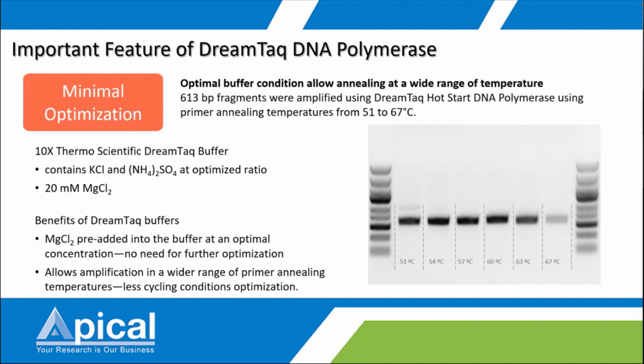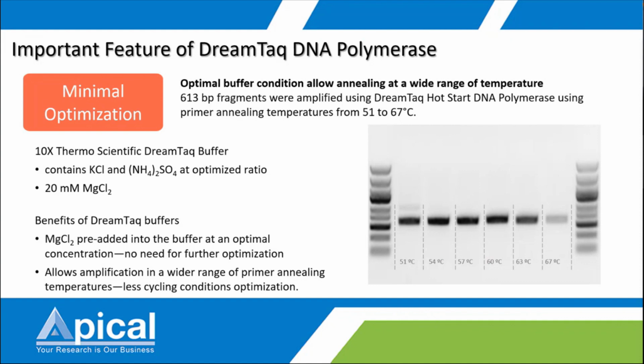The well-optimized buffer allows the amplification of a wide range of primers with different annealing temperatures. So it means that there is no need to perform too much optimization for your PCR.